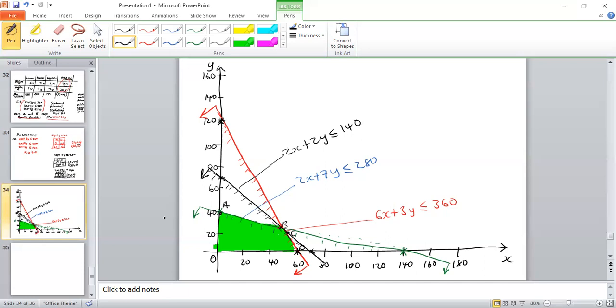We can start. You'll be telling us the points. What are the coordinates here at A? 0,40. At B? Hold on.